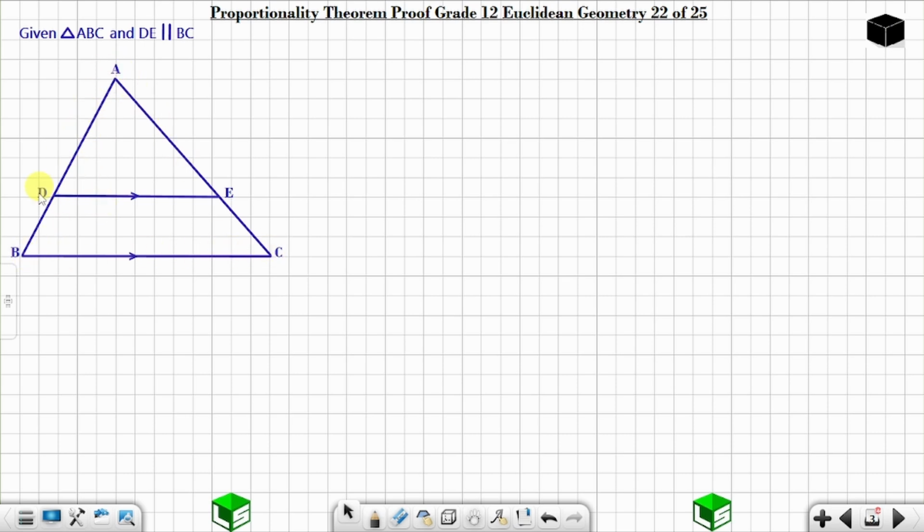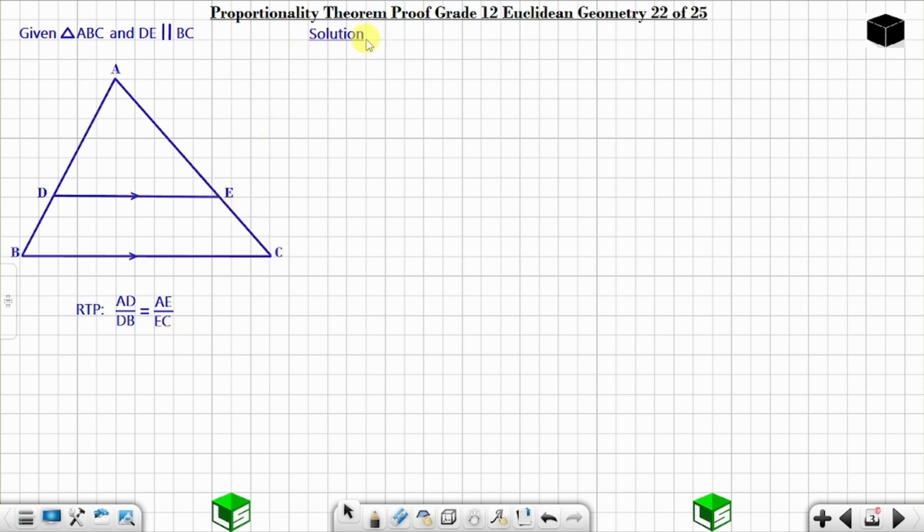Now you are required to prove, RTP, that AD over DB is equal to AE over EC. Okay, solution.